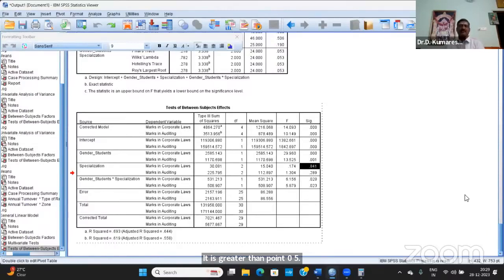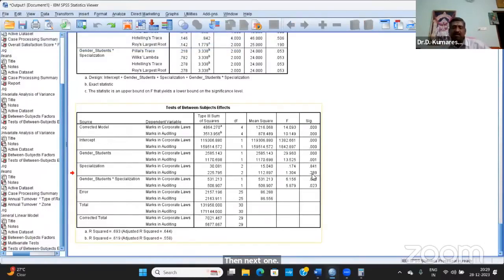That means the difference in the marks in corporate laws do not vary significantly according to specialization. Then next one, 0.289. That is also not significant. Marks in auditing do not vary according to specialization.